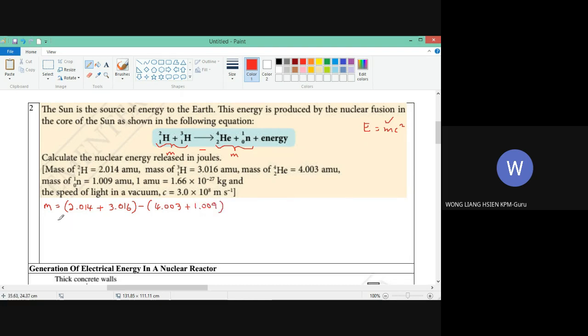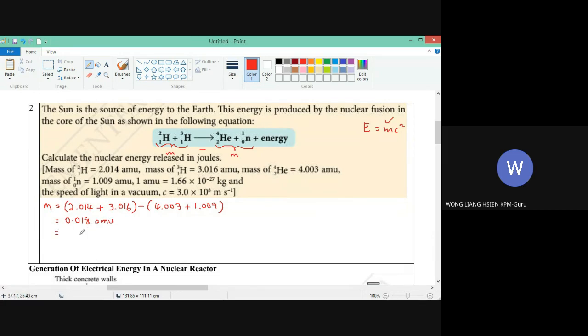So the mass effect is 0.018 atomic mass unit.